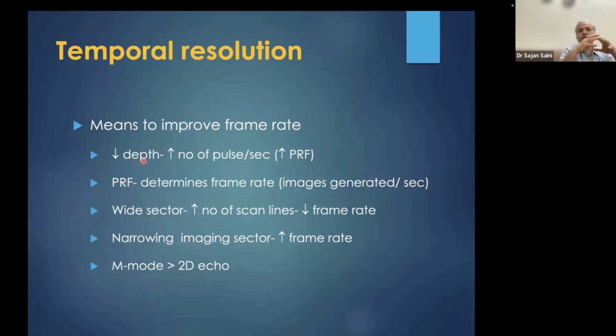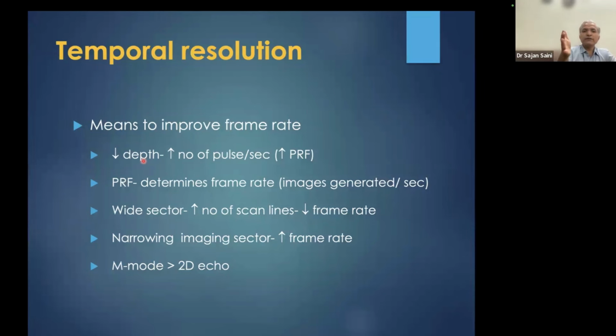Because of that, the temporal resolution is going to increase. So one way is to decrease the depth. The second way is to improve the pulse repetition frequency. If your pulse repetition frequency is X, and you make it 2X, then automatically your temporal resolution is going to be higher.